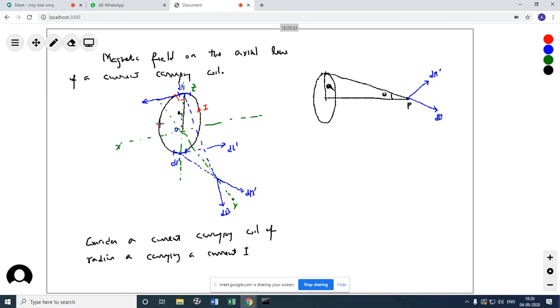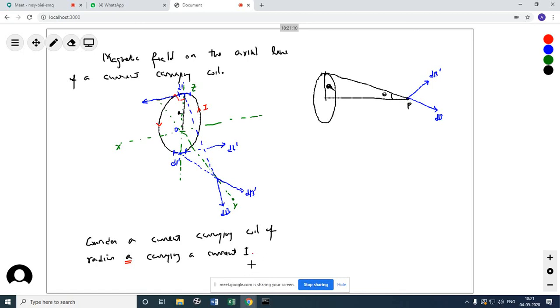The direction of dL is like this, and in this case the direction of dL is like this, am I right? Yes sir. How much is this angle? 90. Okay, remember that this is 90. So you are looking at a cone, right? This is actually a cone, right or not? Yes sir.